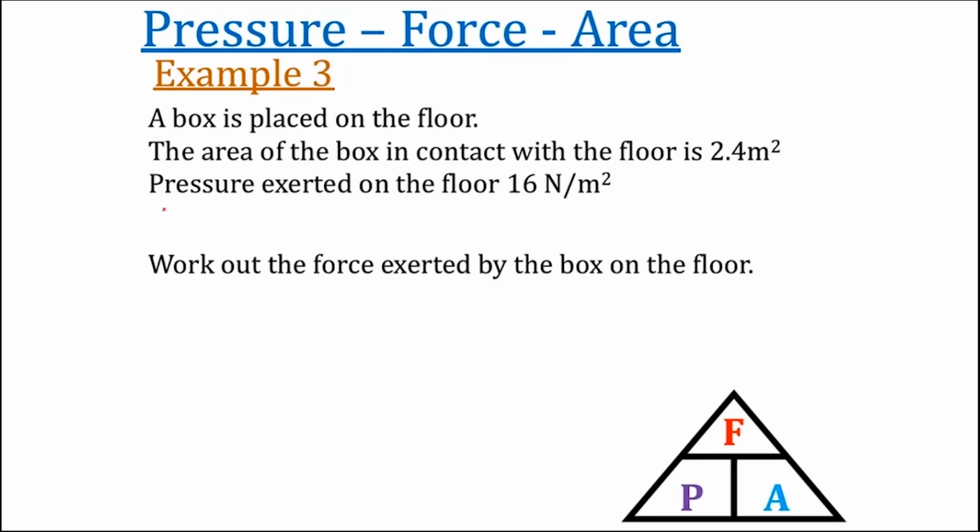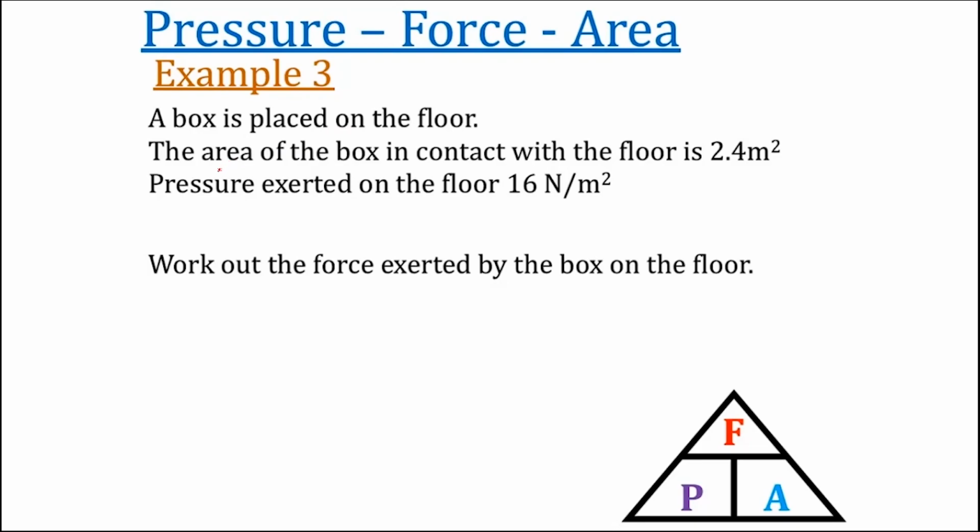Our third example: a box is placed on the floor. The area of the box in contact with the floor is 2.4 meters square. Pressure exerted on the floor is 16 newton per square meter. Work out the force exerted by the box on the floor. Okay.